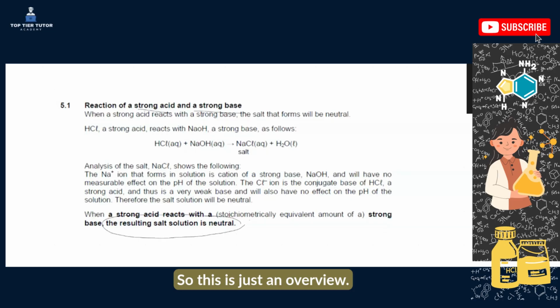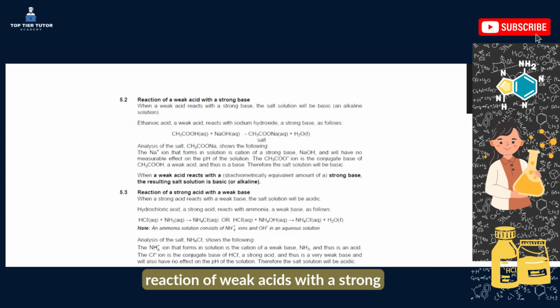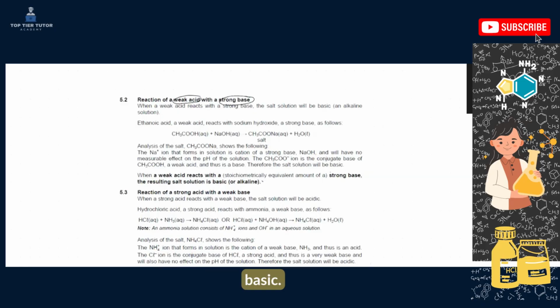So this is just an overview. A reaction of weak acids with a strong base: if I have a weak acid and a strong base, I'm expecting the overall solution to be alkaline or basic.